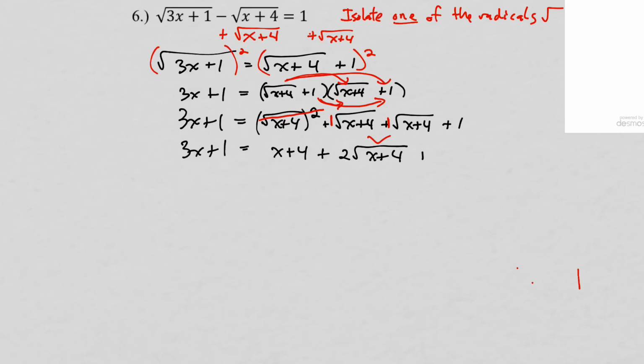And then plus 1 just comes straight down. So let's go ahead and simplify these two. So that's just going to be 5. Then we want to go ahead and isolate the radical again. Okay, so this problem involves isolating twice.